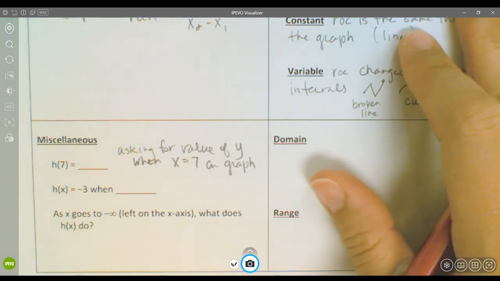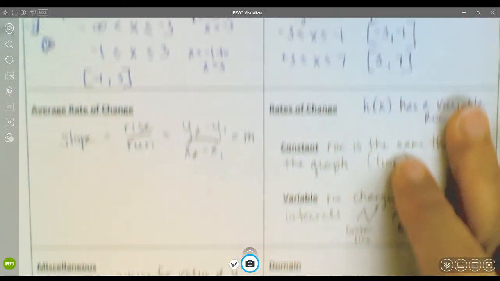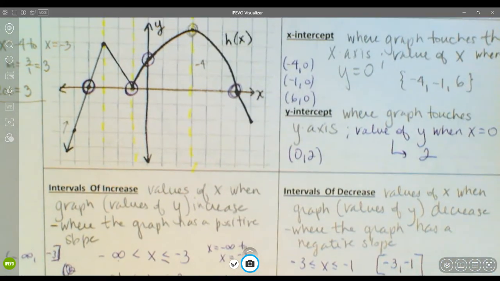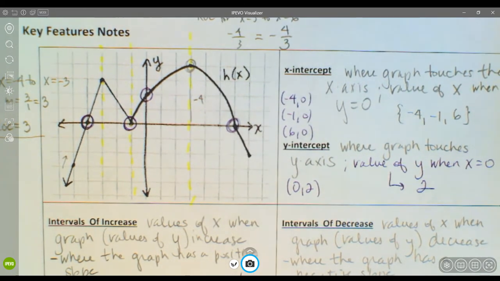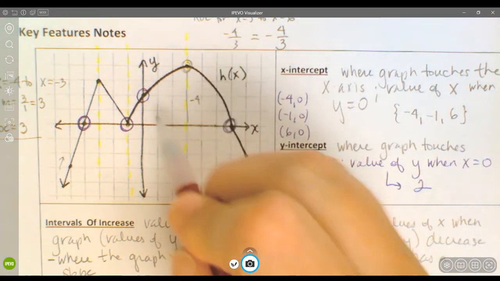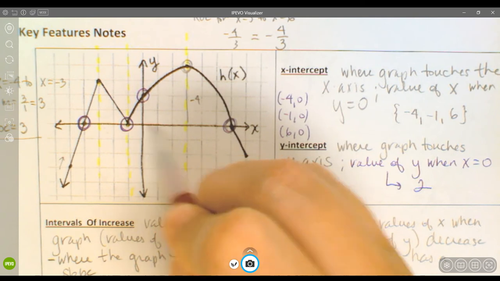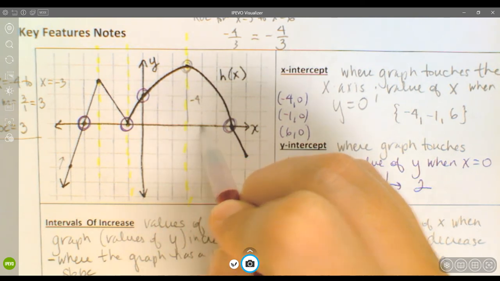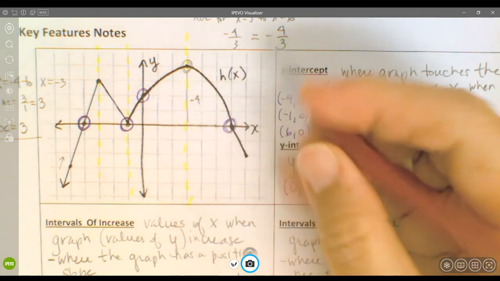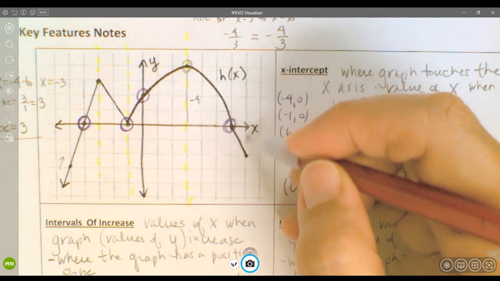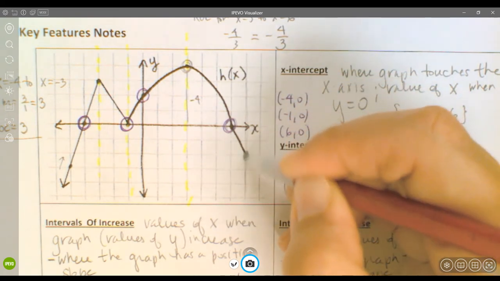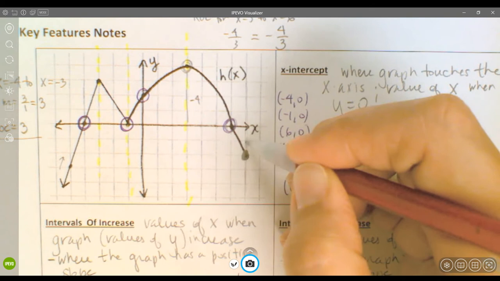Okay, so what I'm going to do is look at this graph, and we said when x is 7, what is the y coordinate? So here's 0, 0. I'm going to go 1, 2, 3, 4, 5, 6, 7. So x is 7 is here. Where's the point? The point is right there. And what is that ordered pair?